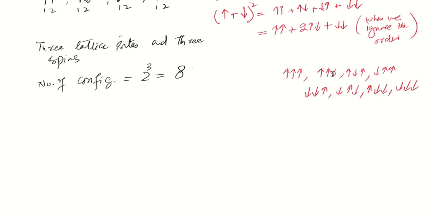If we now ignore the order, they remain only these: these 3 are joined together and these 3 are also joined together. So 3 spins up, plus 3 configurations in which 2 spins are up and 1 is down, plus 3 configurations in which 2 are down and 1 up, however we write, it does not matter, and then 1 with the down configuration.